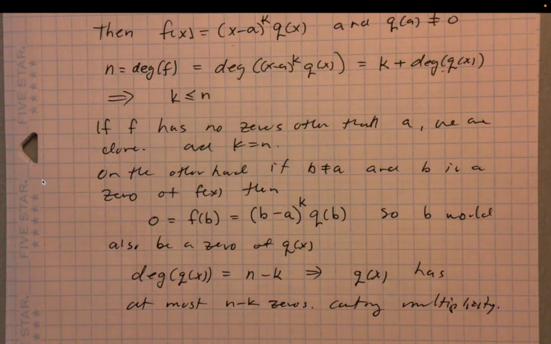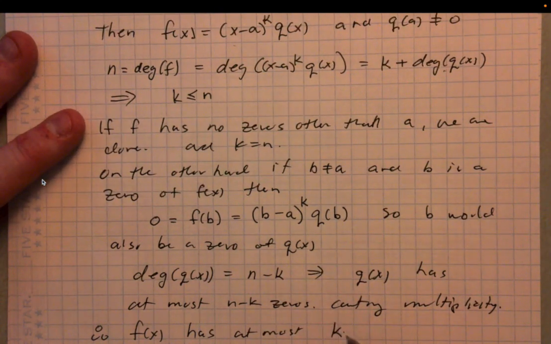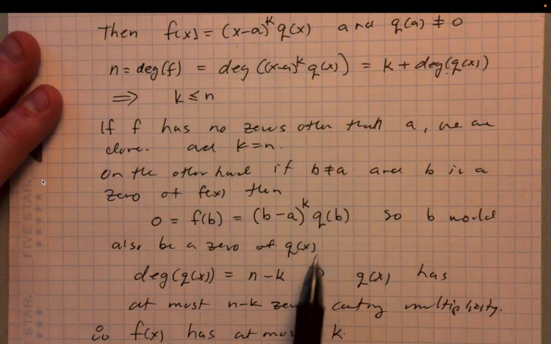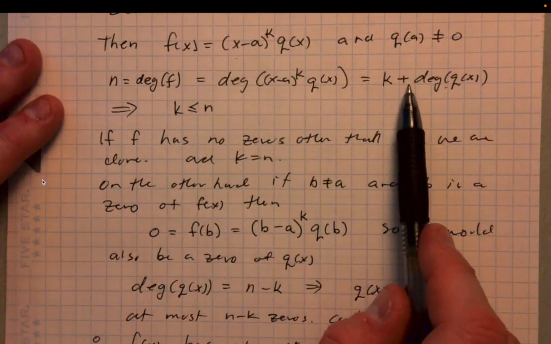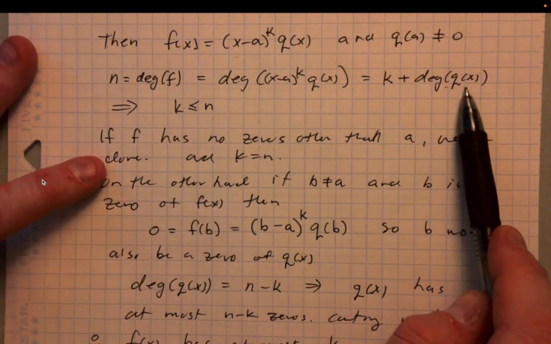Okay, and so therefore f of x has at most k, right? So jumping back up to this piece, k plus, now we just said this is going to have at most n minus k zeros.